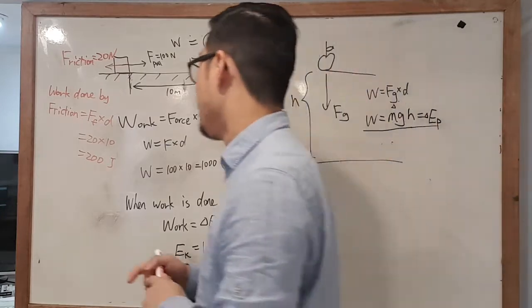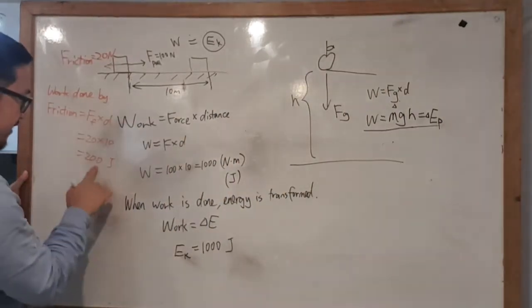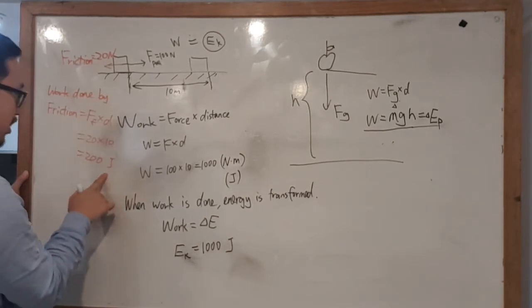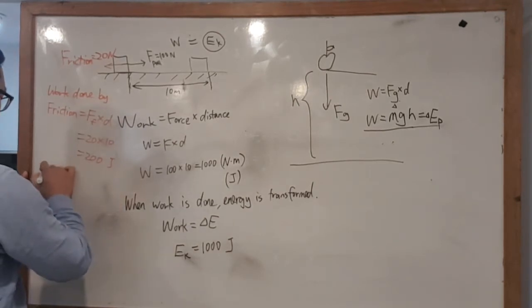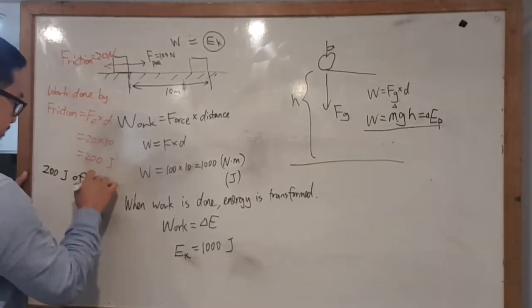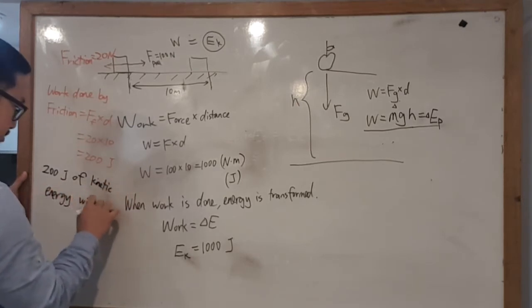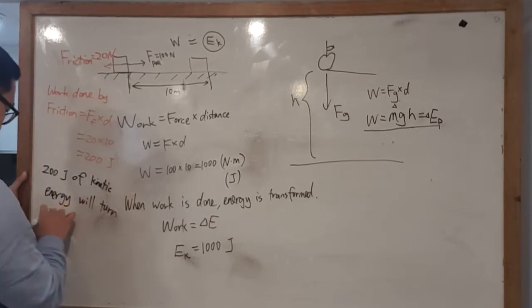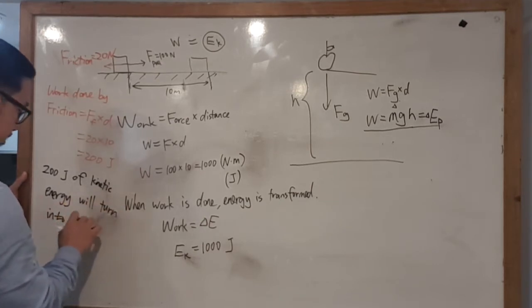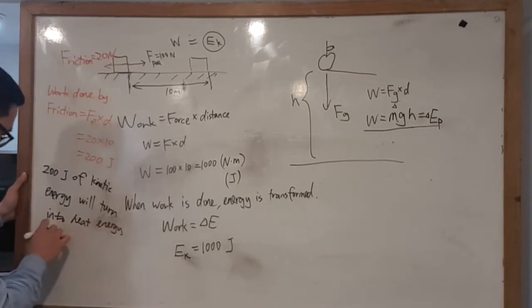So that's why, if friction has done 200 joule of work, then 200 joule of kinetic energy will turn into heat energy due to friction.